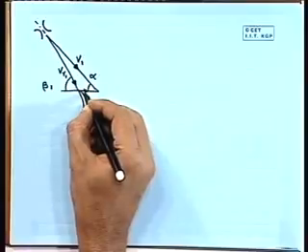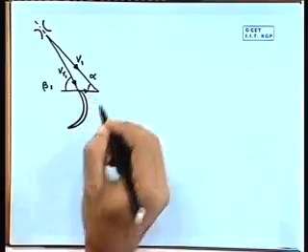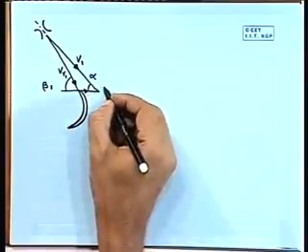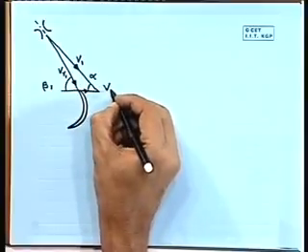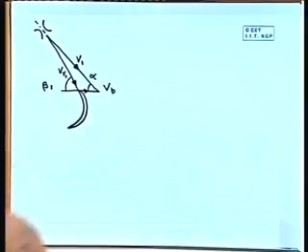This component of velocity is the blade velocity due to rotation, denoted as Vb. This Vb is obtained simply from the RPM of the blade and the blade diameter.